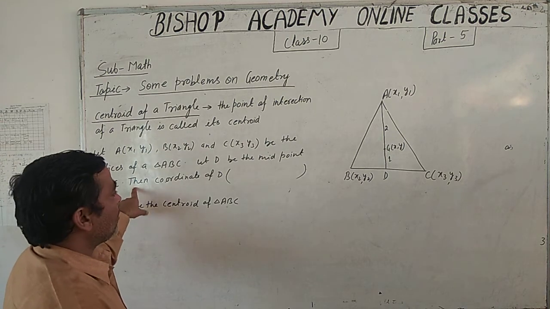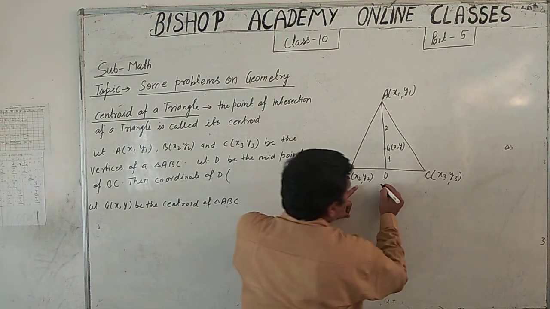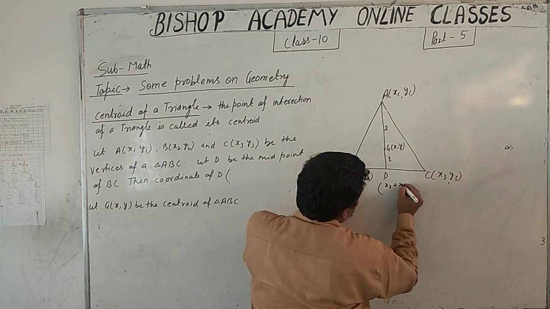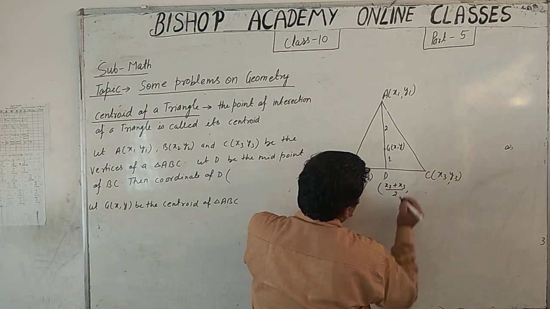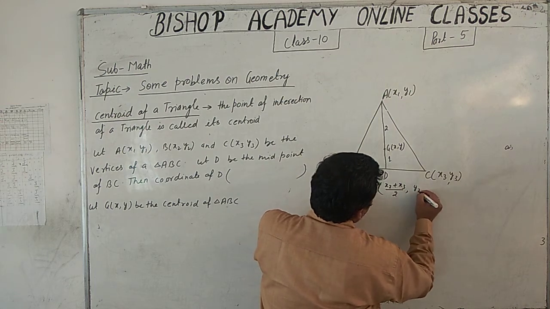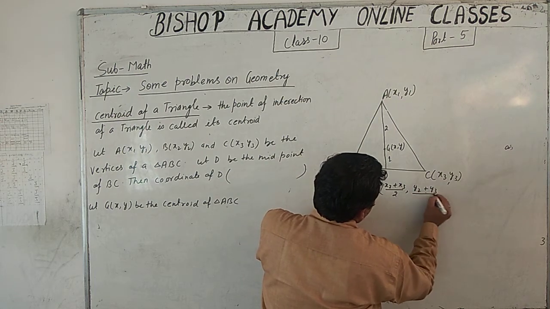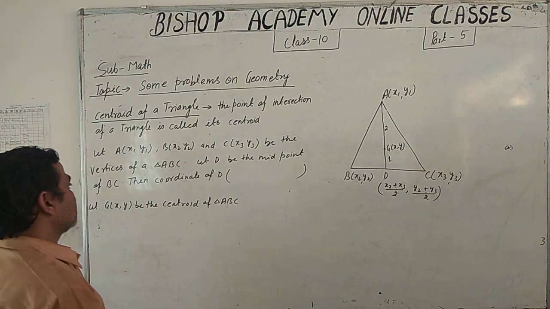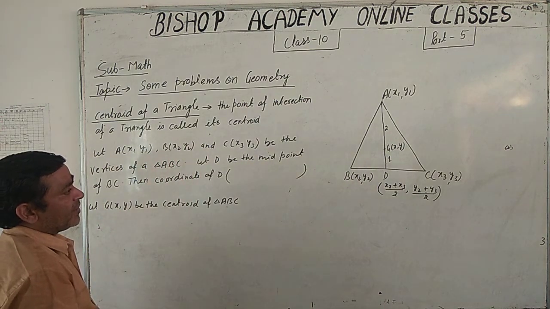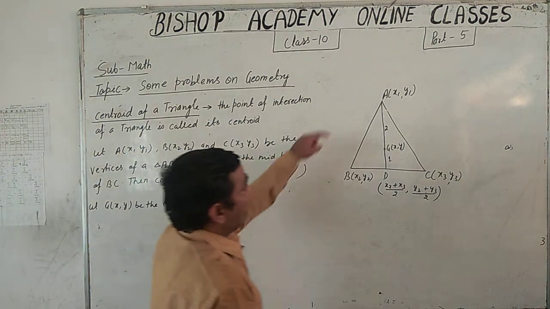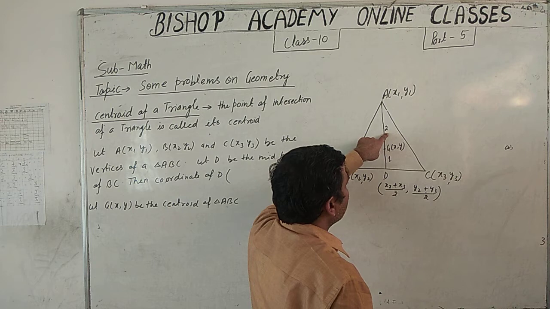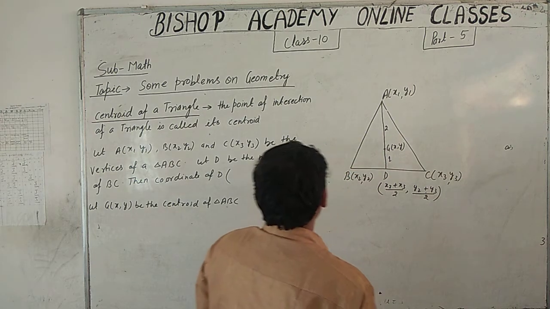Then the coordinate of point D is ((x2 plus x3) upon 2, (y2 plus y3) upon 2). The centroid divides the median in the ratio 2 to 1.